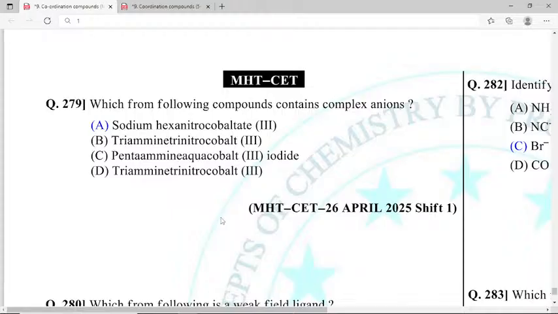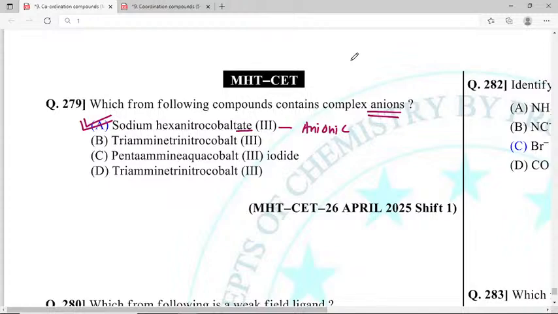Which of the following complexes contains a complex anion? As the name suggests, ATE. Always remember, if there is ATE, it is an anionic complex. If the metal name ends with ATE, like cobaltate, what does ATE indicate?